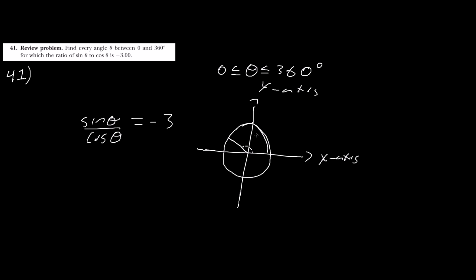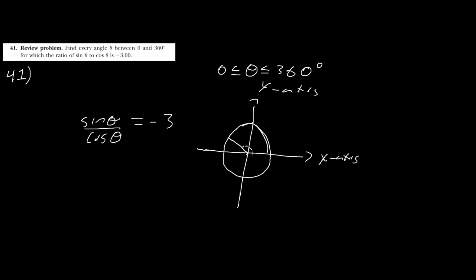The reason for that is because x is negative, the horizontal component is negative, but y is positive. So one of these has to be positive and one has to be negative. Two positive values is not the solution, and obviously two negatives will not be the solution either, because that would cancel each other out.